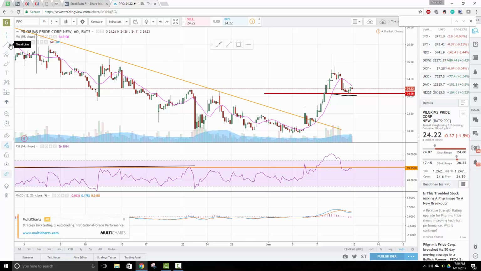Look at this nice consolidation we're having here. This just shows that it is indeed, maybe this is a bold assumption, a wedge on the smaller time frame right there. But you can just see the consolidation right here and the explosive breakout.